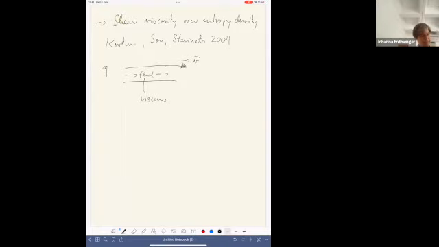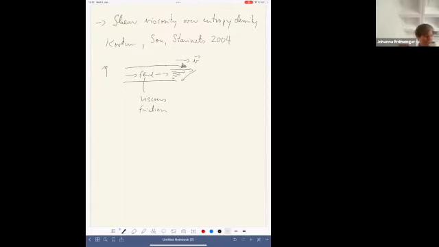This means that if the velocity is big here, it will get smaller as you move inside, because there's friction.